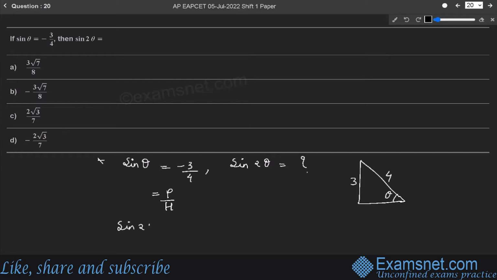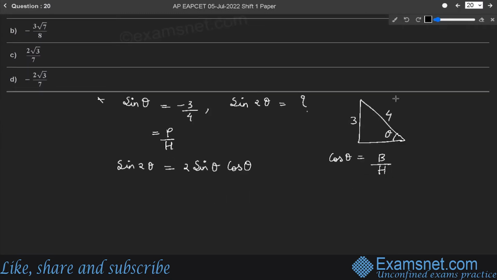So sine 2 theta is equal to 2 sine theta into cos theta. We have the value for sine theta, but we do not have the value for cos theta. We know that cos theta is base upon hypotenuse. So we have to find base by using the Pythagoras theorem, which is hypotenuse square is equal to perpendicular square plus base square.